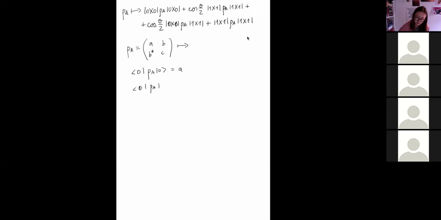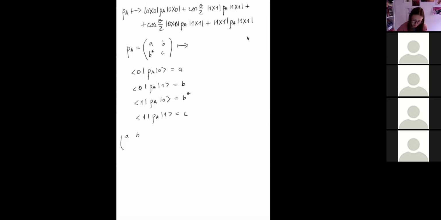So you have, this is B, this is B conjugate, and this is C. And then essentially, if we make this connection between the elements of the original matrix and this bra and ket with rho A squeezed in between explicit, then we can write out what this matrix is mapped to explicitly.